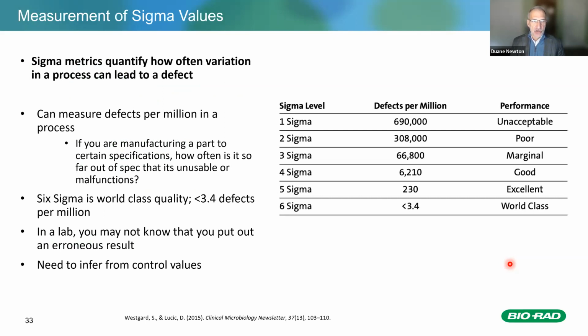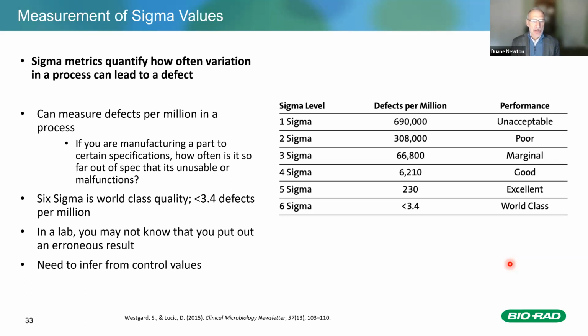And those errors are measured as defects per million in a process. So if you're manufacturing a part to a certain specification, the sigma value tells you how often it is so far out of spec that you can't use it or that it malfunctions. In this context, the standard is that 6 sigma is world-class quality, and that's equivalent to less than 3.4 defects per million products, occurrences, or procedures.